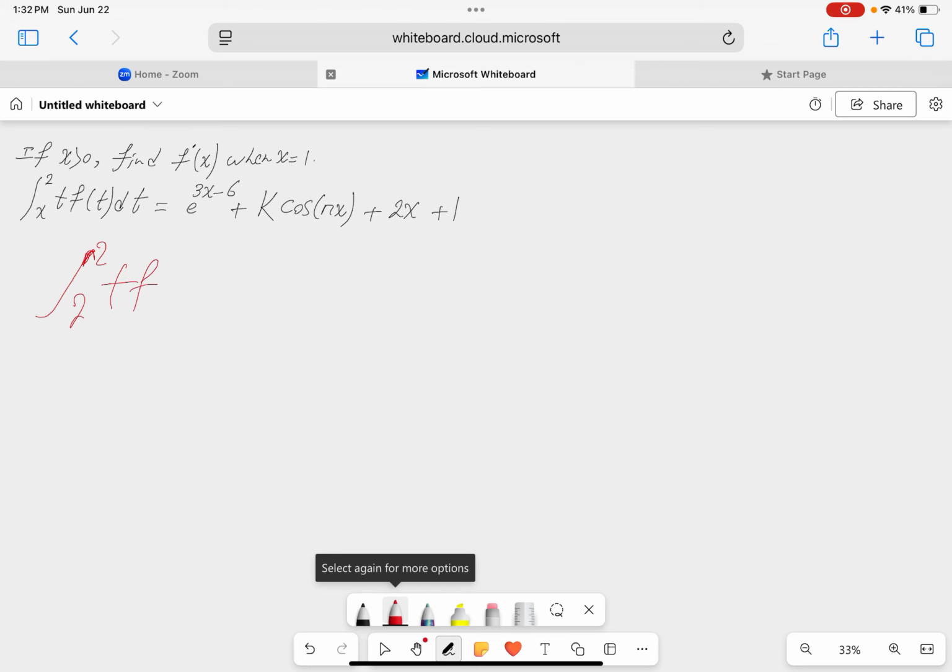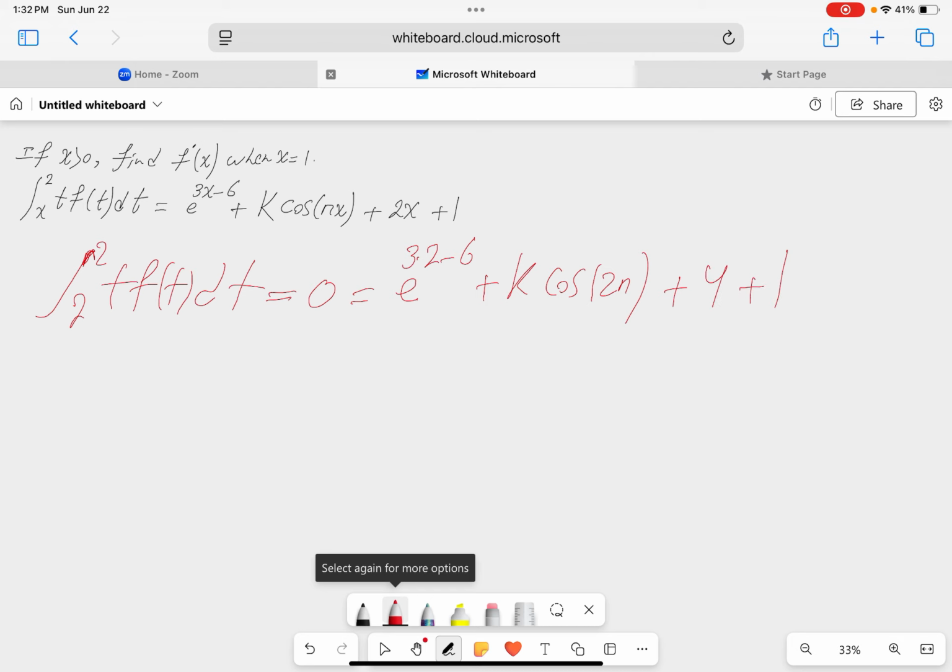So this integral of t f(t) dt from 2 to 2 is equal to 0. Then we replace x with 2 on the right hand side of the relationship. So this becomes e to the power of 3 times 2 minus 6 plus k cosine of 2 pi plus 2 times 2, which is 4, plus 1.